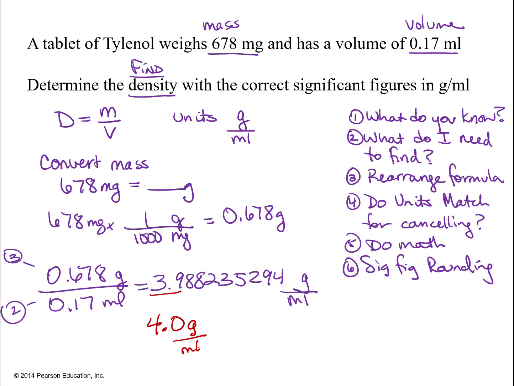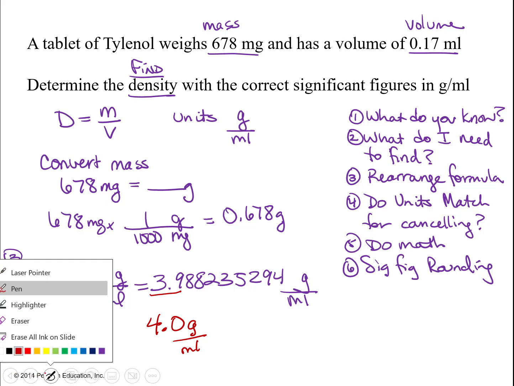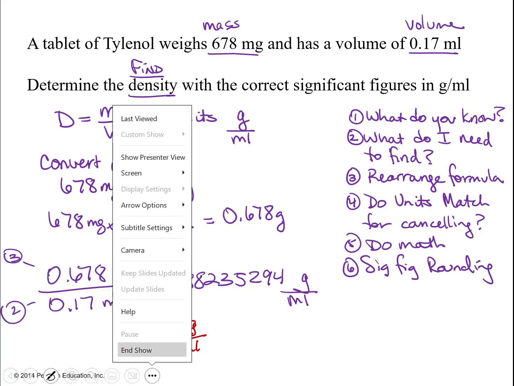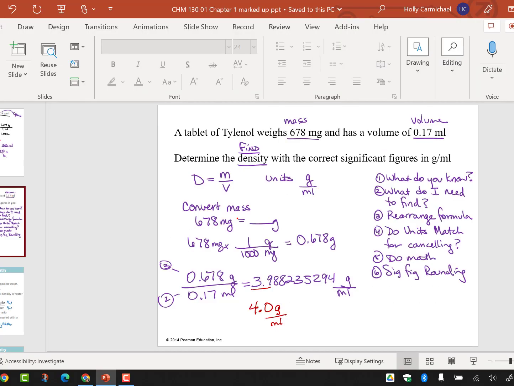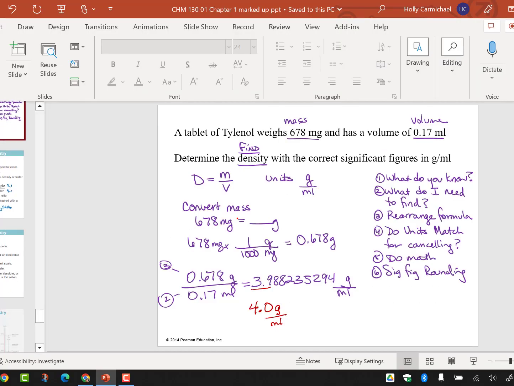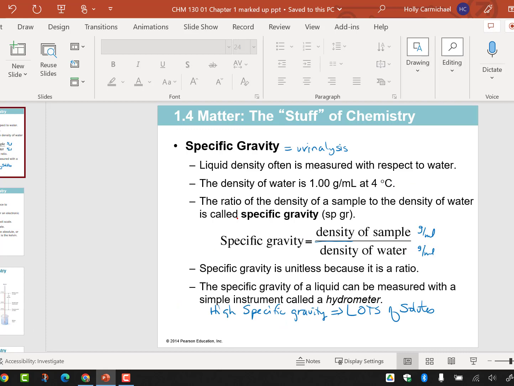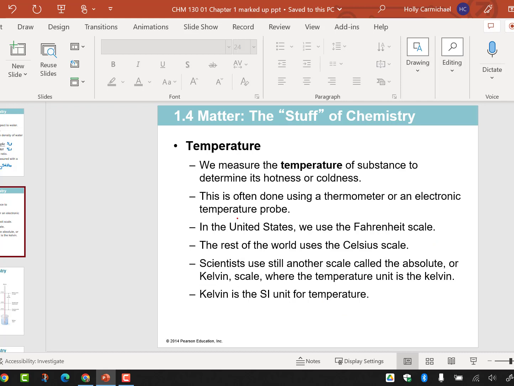Okay, so not terrible. The only part that we have left to do in this chapter is we just have to talk about a couple of other things. There's really no more math. It's just, okay, what is specific gravity and its relationship to density? I want to talk a little bit about temperature, just because you'll be using thermometers.